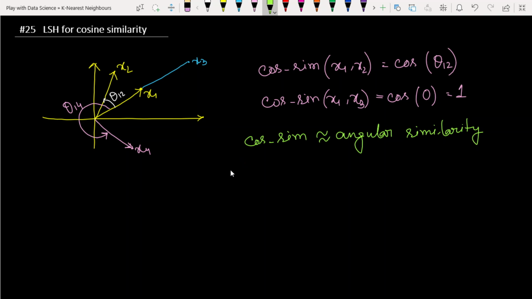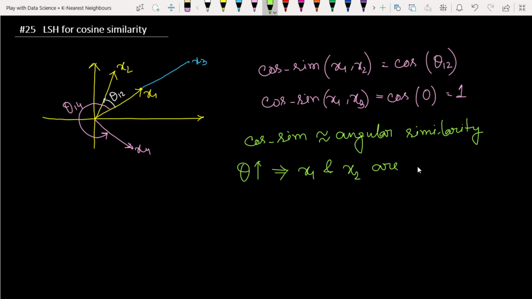Both are the same kind of thing, and the relation is like this: if we increase the angular distance theta, then the cosine similarity decreases.